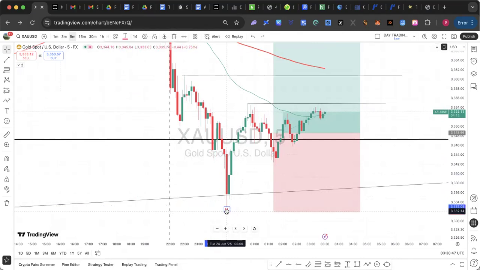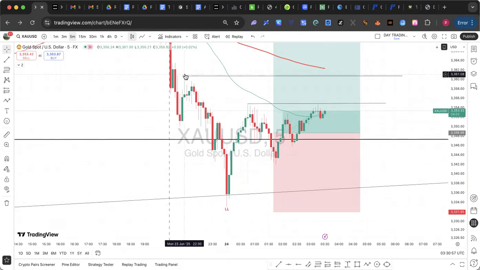It was L before, but it's now called LL. And then this is high. Now, this was lower high because of where the market was coming from. This was coming from up, and then it will create a lower low and lower high. So here is a lower high because of where it was coming from, while this was lower low.